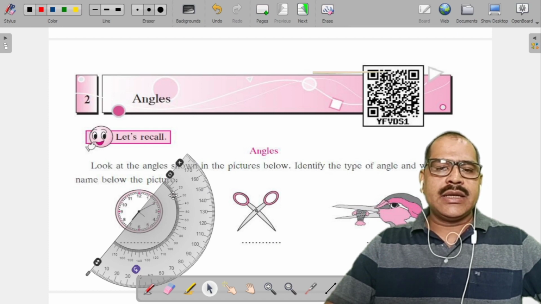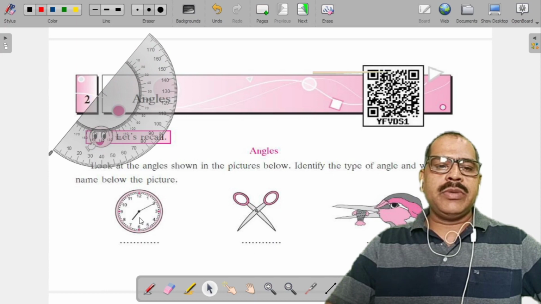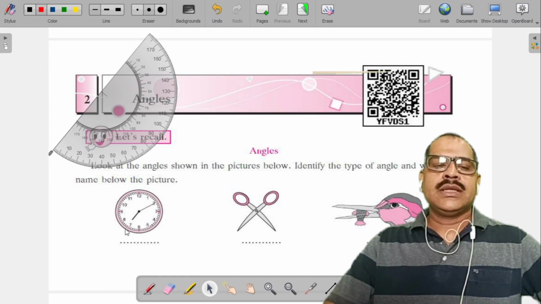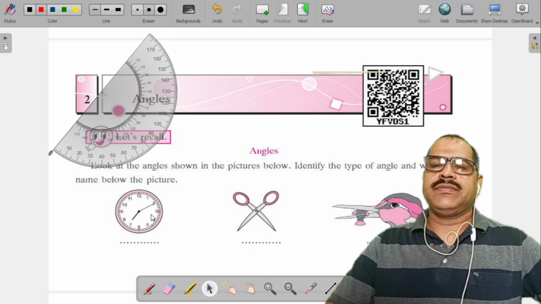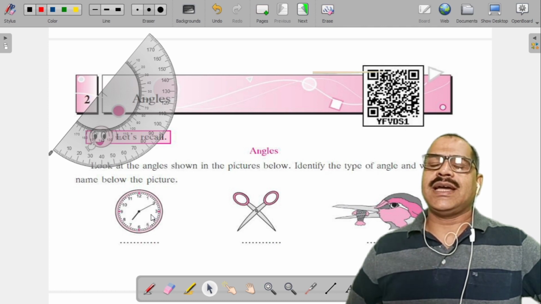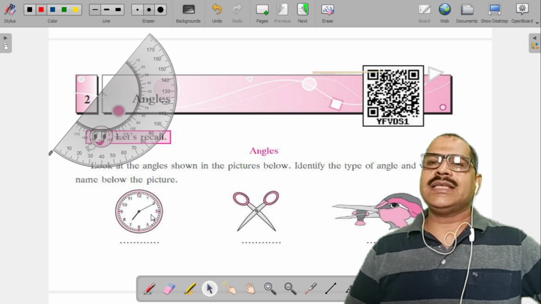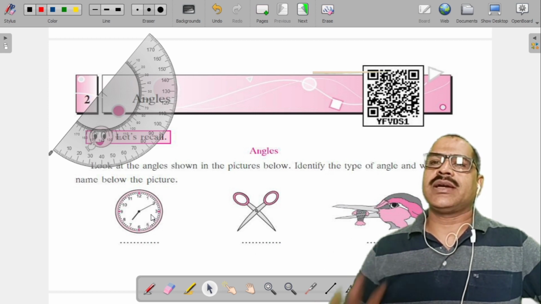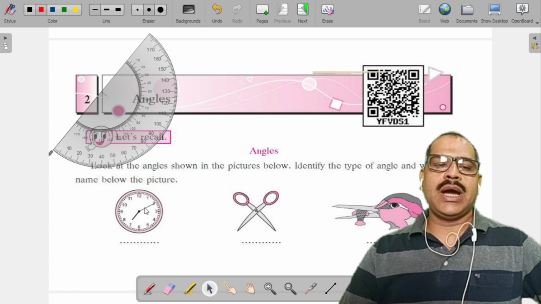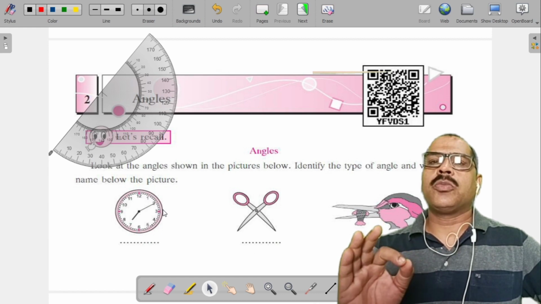These lines indicate the angle having the measure 160 degrees. So the angle between these 2 hands of the clock has the measure 160 degrees. The definition that we have already studied in 5th class is that the angle which has a measure greater than 90 degrees and less than 180 degrees is called an obtuse angle. Here our angle's measure is 160 degrees. That's why the angle made between the 2 hands of the clock is an obtuse angle.